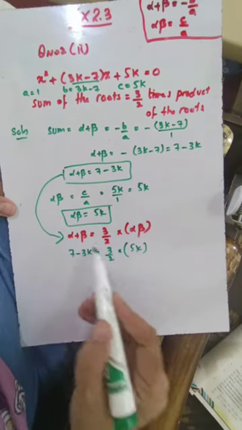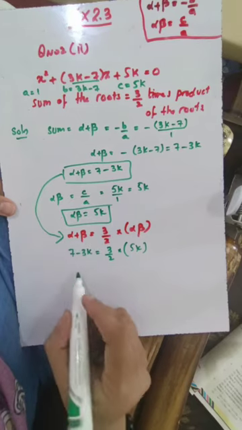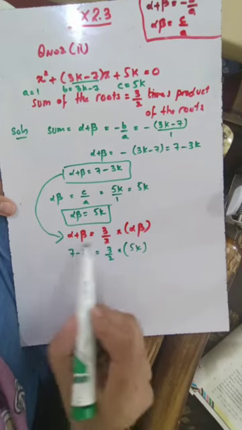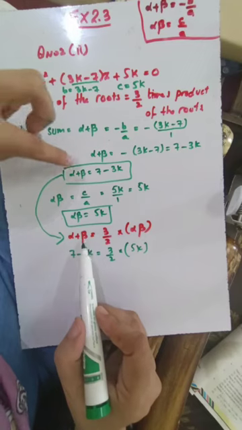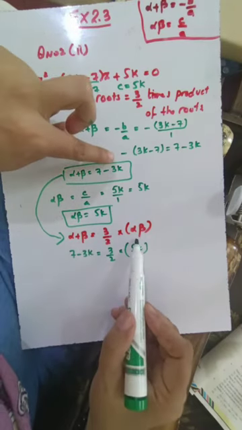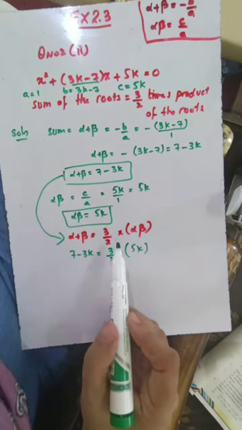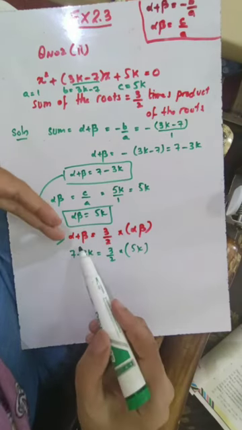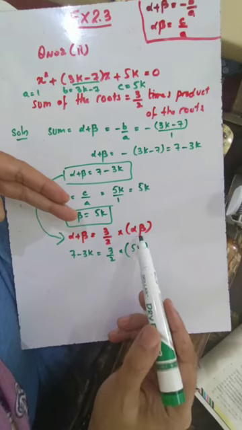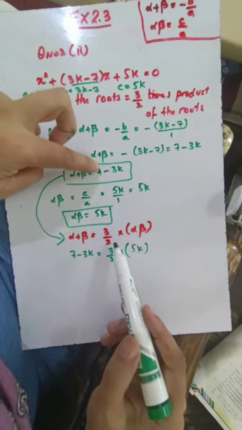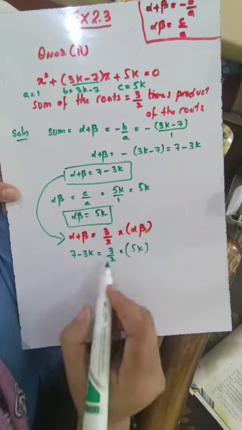In order to get this equation, we have used this condition which was given to us in the question, and in order to use this condition, obviously I had to find alpha plus beta and alpha into beta, so that the values of alpha plus beta and alpha beta can be replaced by the expressions involving k.